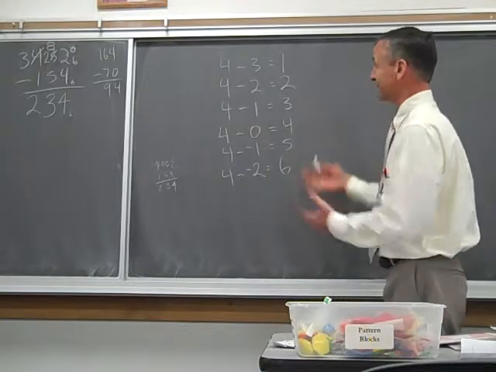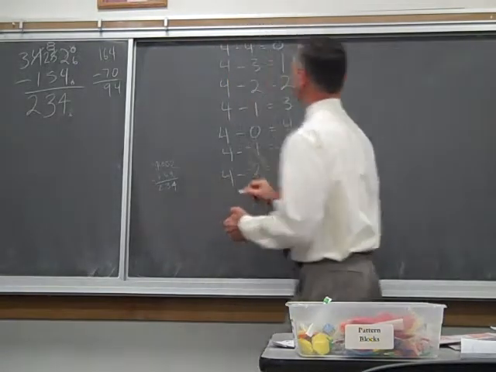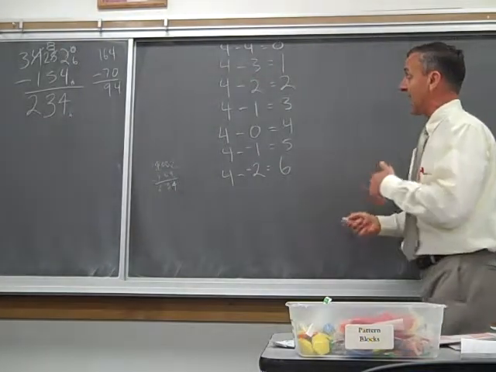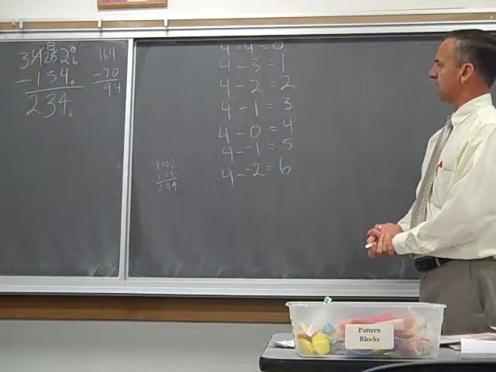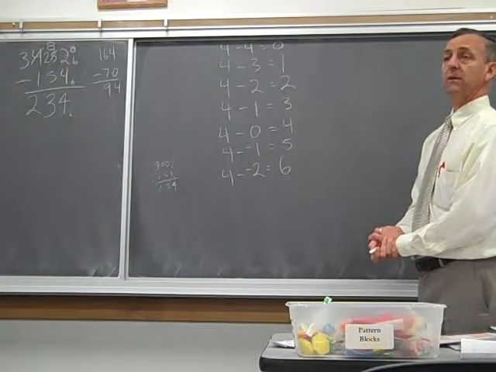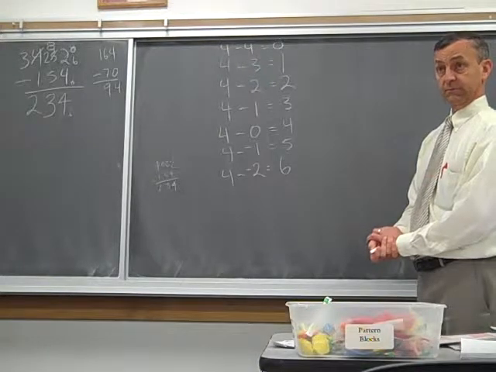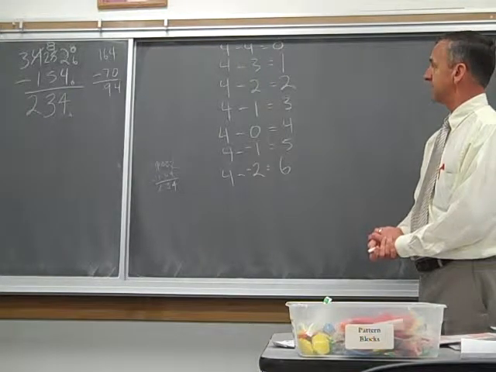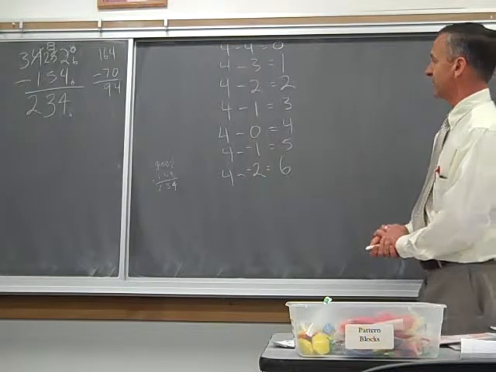And again, maybe we would start up here at this one instead, and then ask questions. When you're subtracting, when do you get 0? When you're subtracting, when do you get positive numbers?